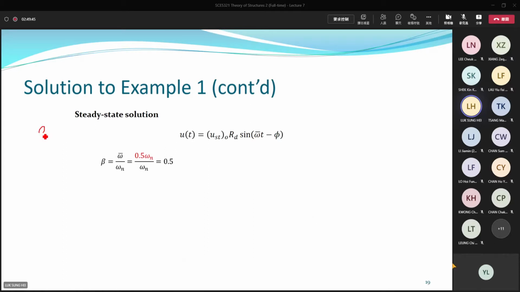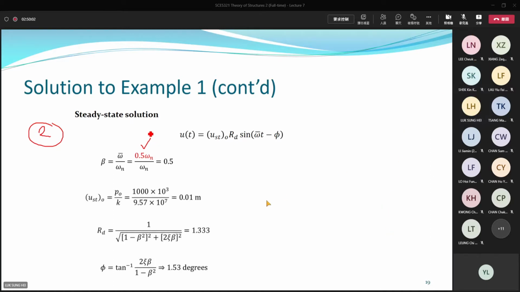Case 2. For case 2, loading frequency is equal to 0.5 times the natural frequency of the system. I just change beta to 0.5 and redo the calculation once more. UST remains unchanged because it depends on the same two numbers.